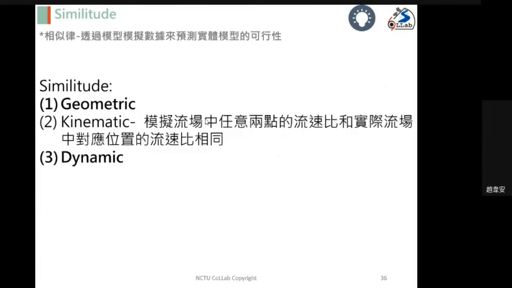There are 3 similitudes we need to satisfy before we can predict the prototype behaviors based on the model observation results. The first one is geometric, the second is kinematic, and the final one is dynamic. In our following chapters, I only focus on the first one and the third one. That's because if you satisfy the geometric and the dynamic similitude, it naturally satisfies the kinematic similitude.